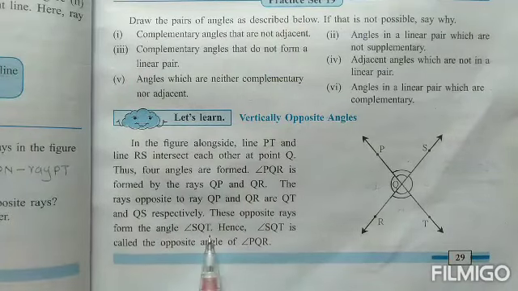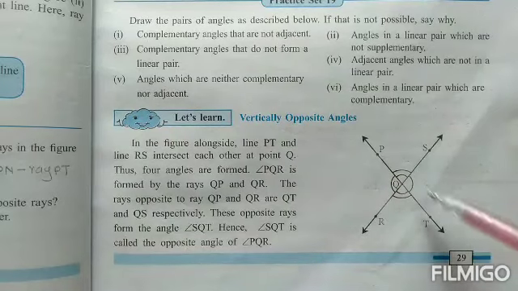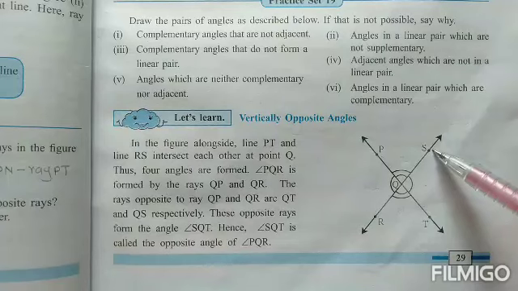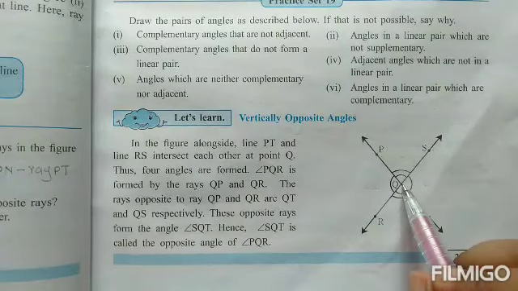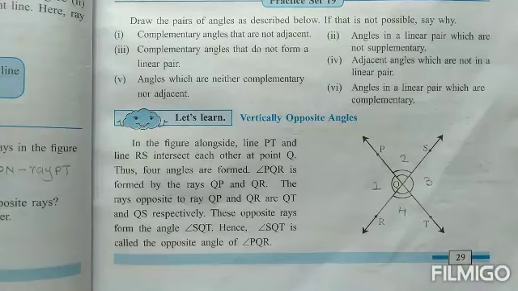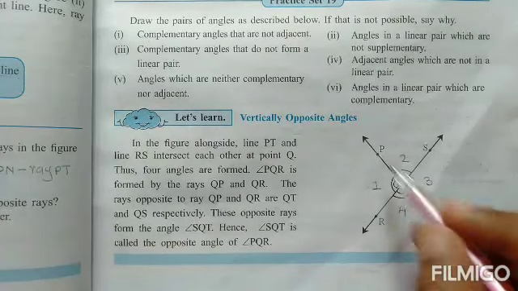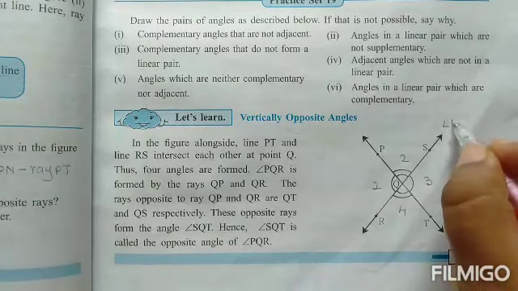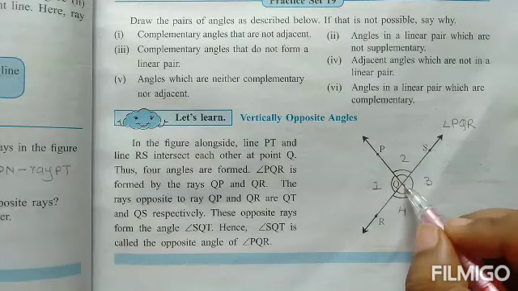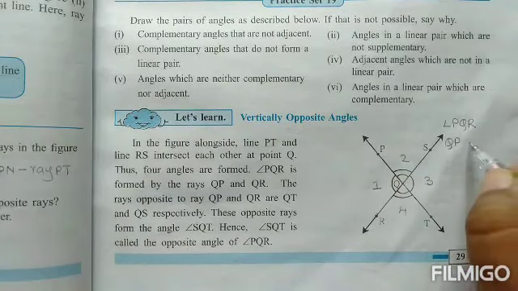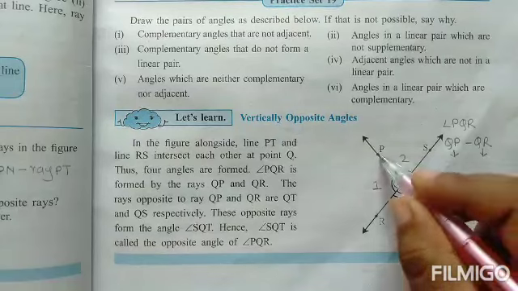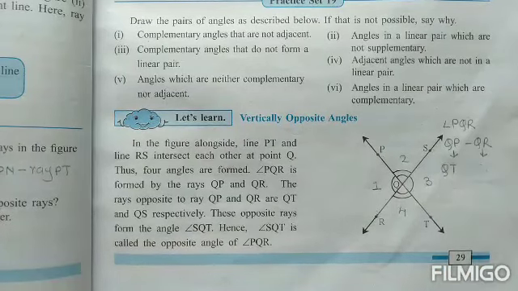Let us see the description given in the textbook. PT and RS are two lines that intersect at point Q. Thus, it forms four angles. How many angles? Four angles. Angle PQR is formed by the rays QP and QR. What is the opposite ray for QP? It is QT.